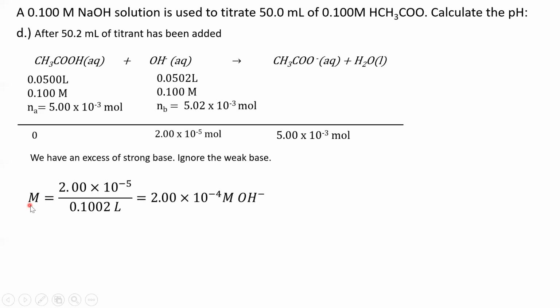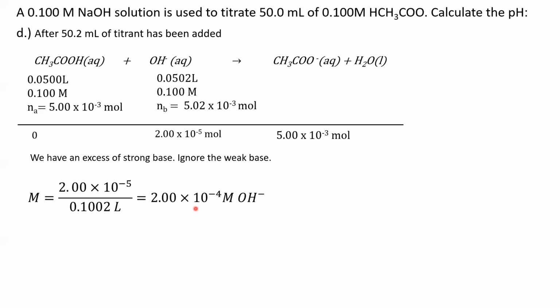We can calculate the molarity of the hydroxide ion: moles divided by the total volume. So 50 milliliters plus 50.2 milliliters gives us 100.2 milliliters or 0.1002 liters. So this is the concentration of hydroxide.